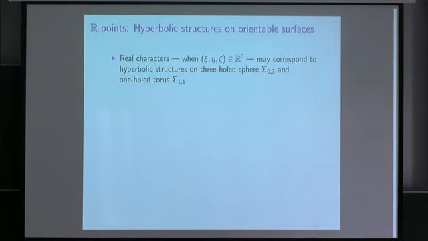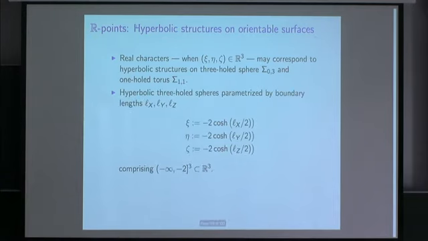I'm particularly interested in the case of SL2R, and as I mentioned, sometimes you'll get hyperbolic structures on the one-hole torus and on the three-hole sphere. In the case of the three-hole sphere, the Vogt-Fricke theorem gives a statement that hyperbolic structures are parametrized by the lengths of the boundary, and in terms of trace coordinates, that corresponds to the octant where all three coordinates are less than -2.